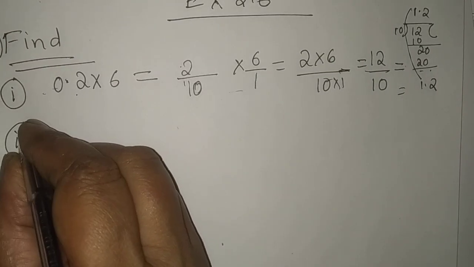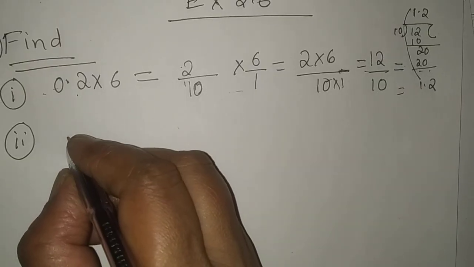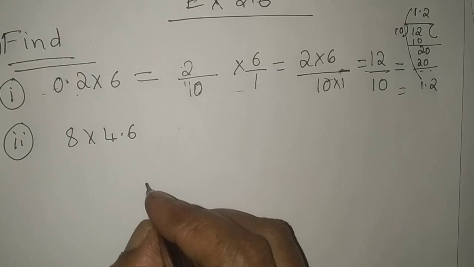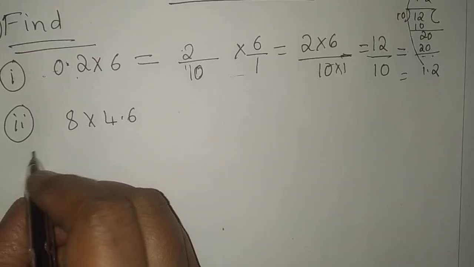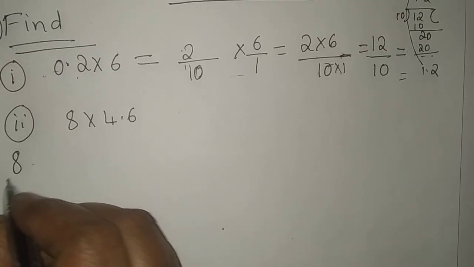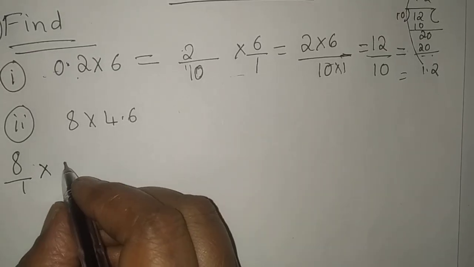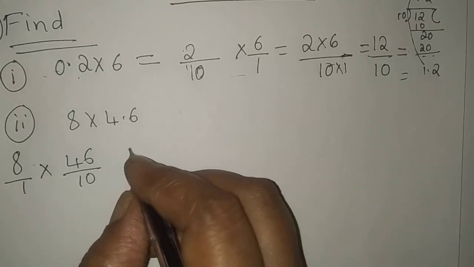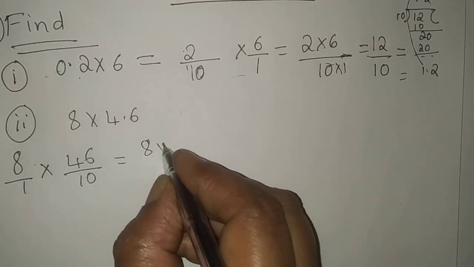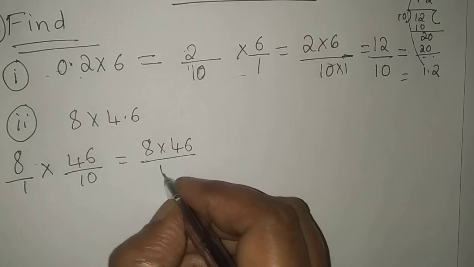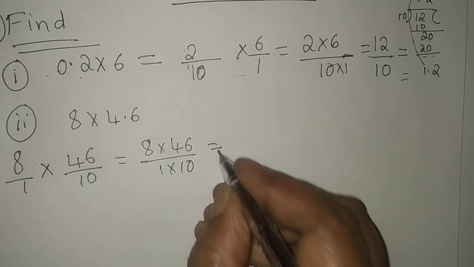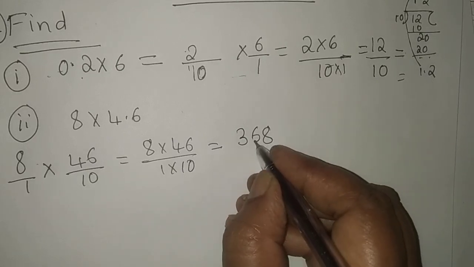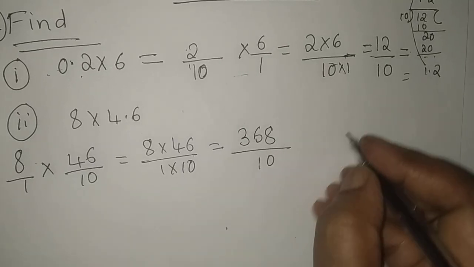Therefore the second one is 8 into 4.6. So I'll write 8 as it is, it's an integer. 4.6 can be written as 46 by 10, which is 8 into 46 by 1 into 10. So 8 into 46 we will get 368. 10 into 1 is 10.